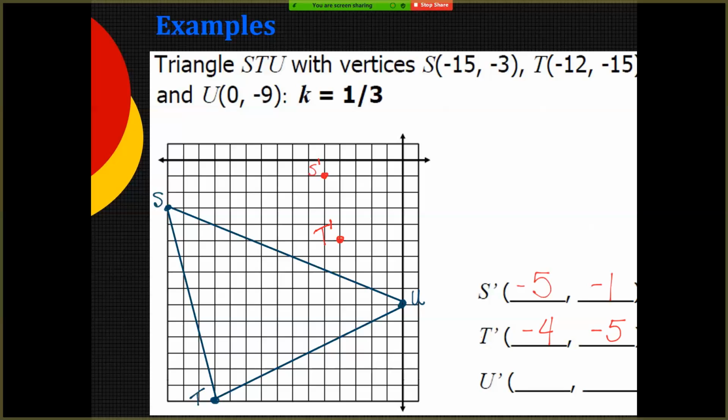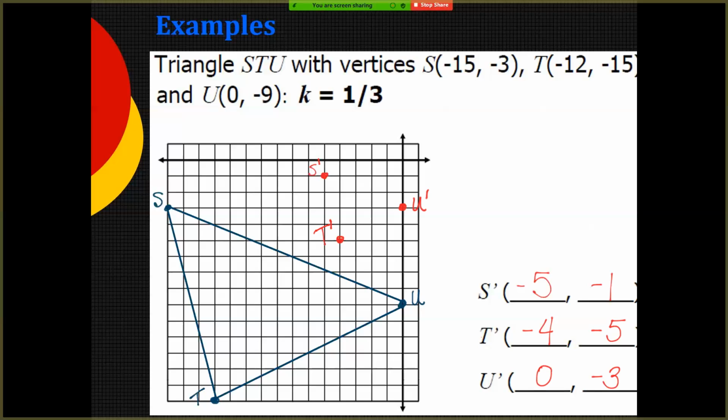And the last ordered pair, 0, -9. When I multiply 0 times 1/3, I get 0. And -9 times 1/3 is -3. So this ordered pair, 0, -3, is going to be U prime.